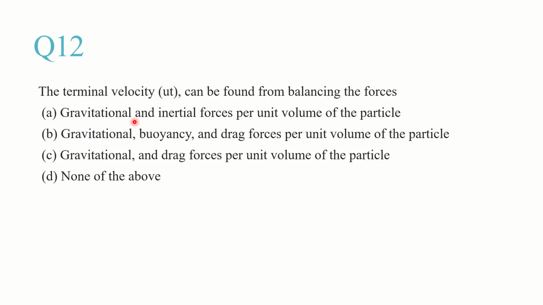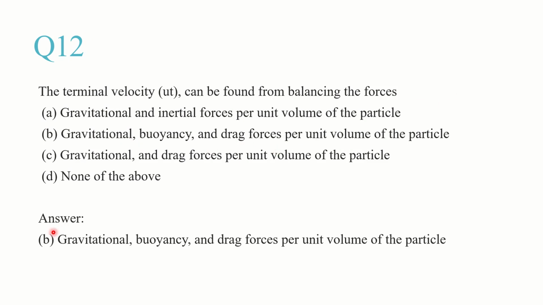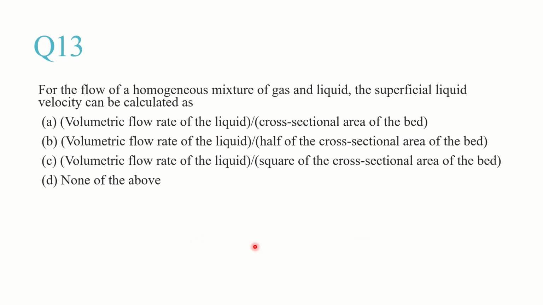Only on balancing all the forces can we get the terminal velocity. So the answer to question 12 is option B, gravitational, buoyancy, and drag forces per unit volume of the particle.